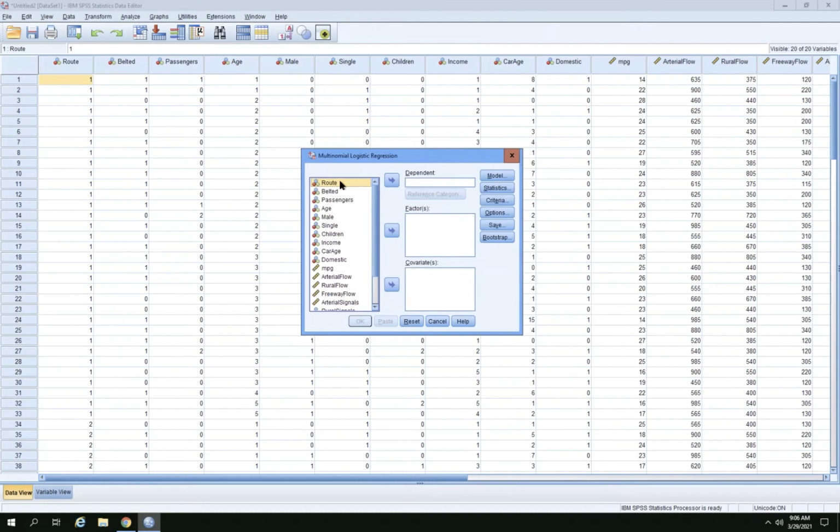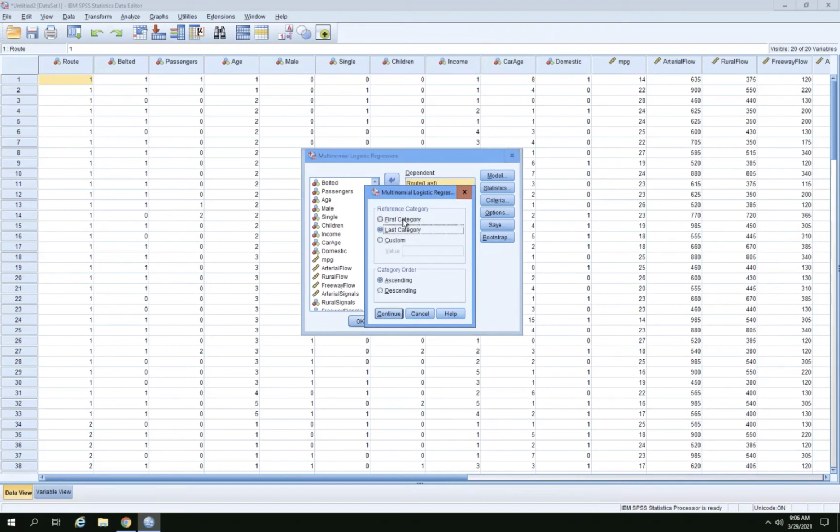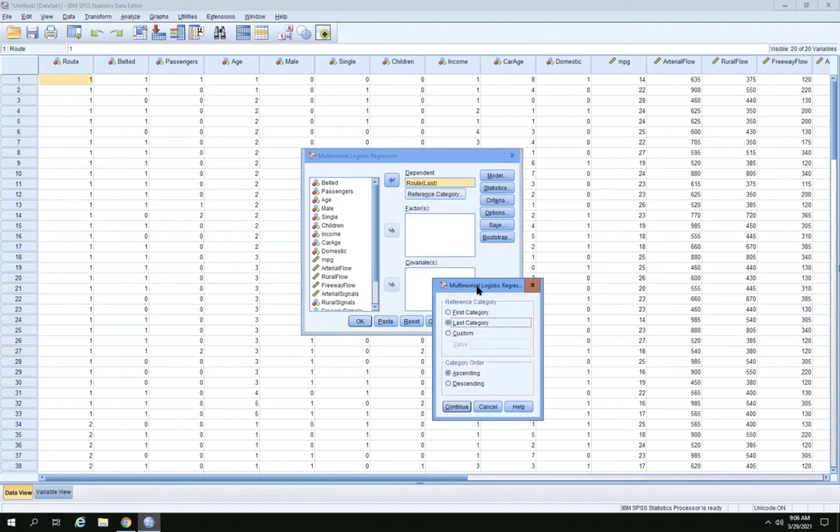So like I said, in this case, the route is our dependent variable of interest. And you'll notice we talked about this last week in terms of how in some of the packages, it's arbitrary which reference category is zeroed out. And so in this case, we've got 3 routes. And you'll notice by default, it's going to select either the first or last category as the reference here.